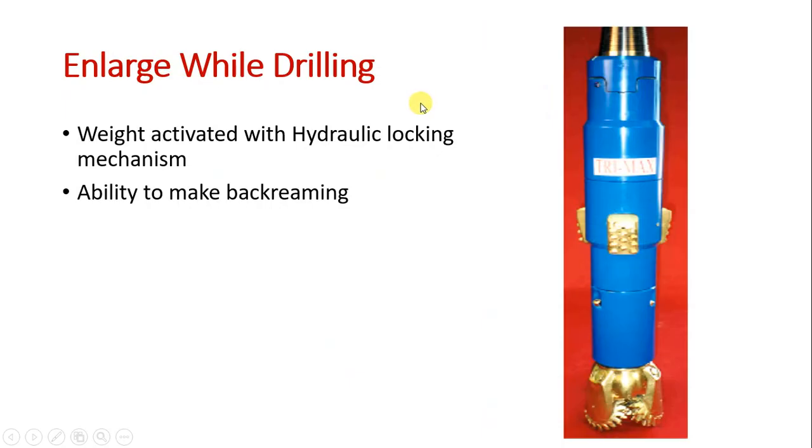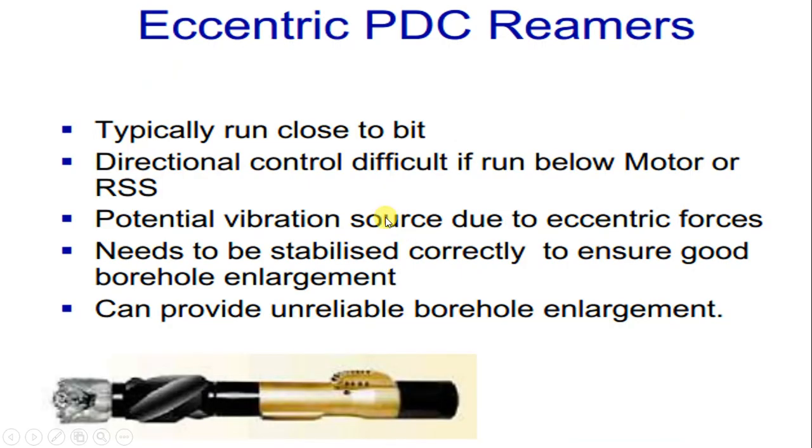Now we have something called enlarge while drilling. As you see here, this is called enlarge while drilling. It's weight activated with a hydraulic lock mechanism, and it has the ability to make back reaming also because of these inserts. Also, this is the eccentric BDC reamers that I have talked to you about before. It's typically run close to the bit.